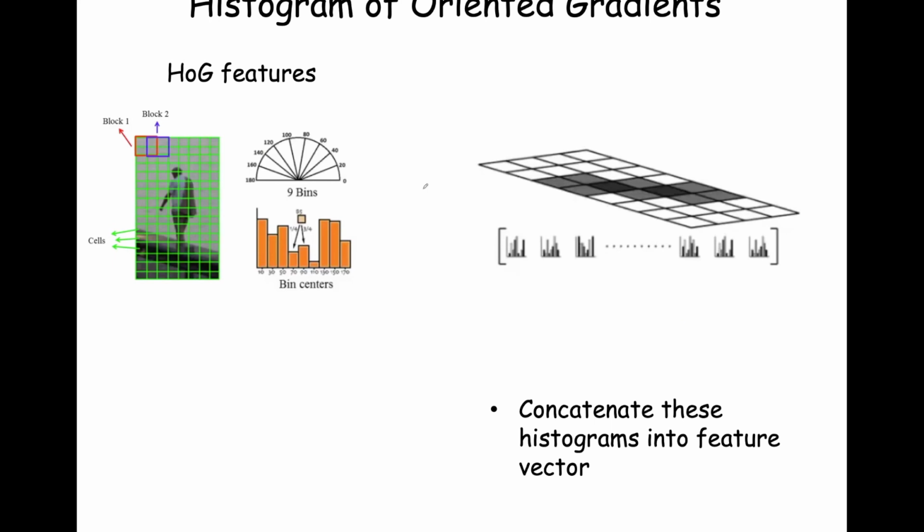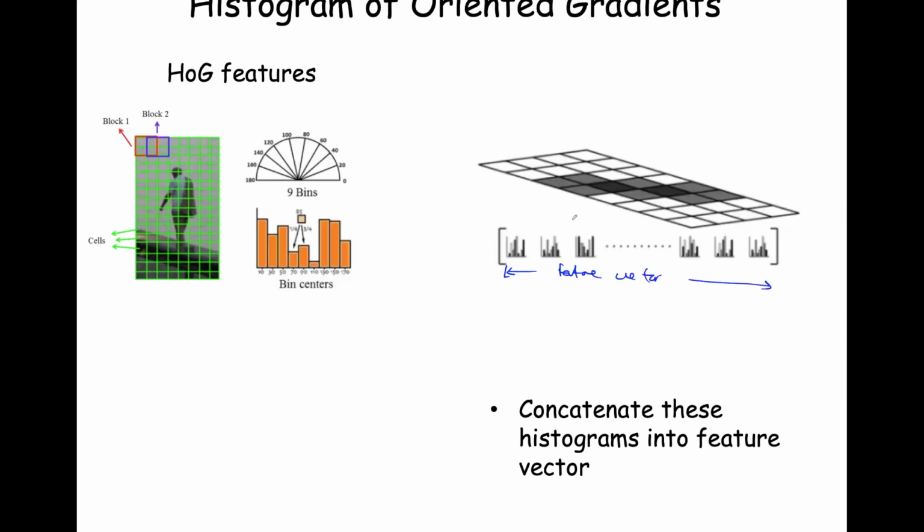And so we take each one of these winning histograms and we concatenate these 9 bin values resulting from the vote, and we get for each position such a histogram, and we concatenate them as we slide the block across the image, and the result is our entire feature vector.